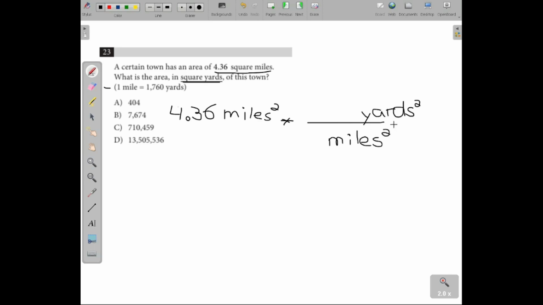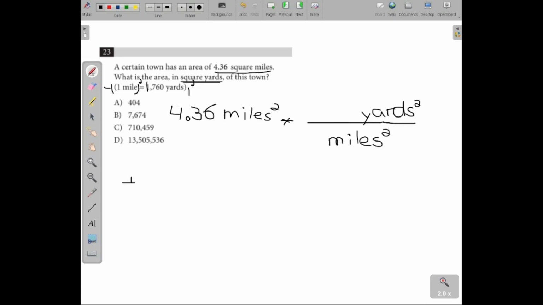How can we get these units to the square? We could just multiply by itself, like here. Miles times miles, 1,760 times 1,760, and yards times yards, and we'll get this amount.